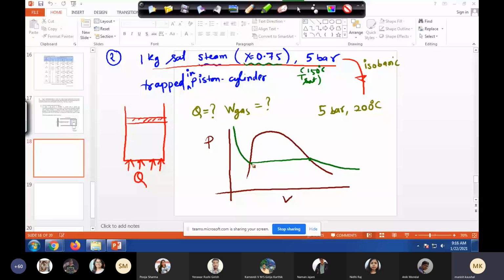Okay, and you are somewhere, let's say here, and then you are going isobarically to 200 degrees Celsius. Let's say here we have 200 degrees Celsius. Here we have another isotherm.